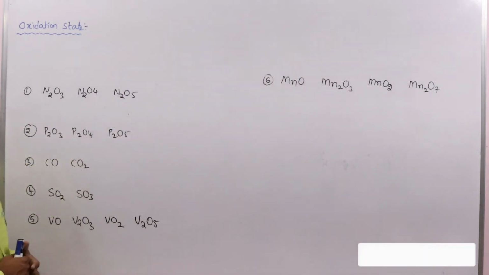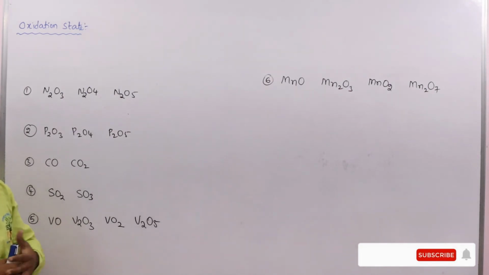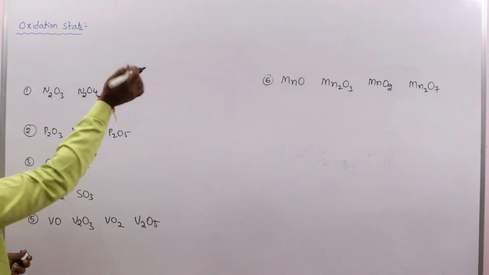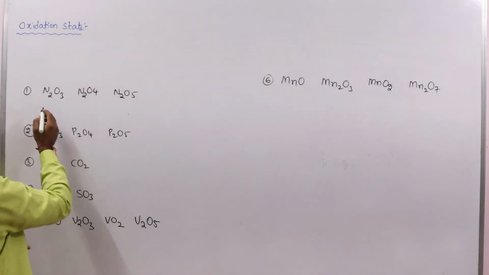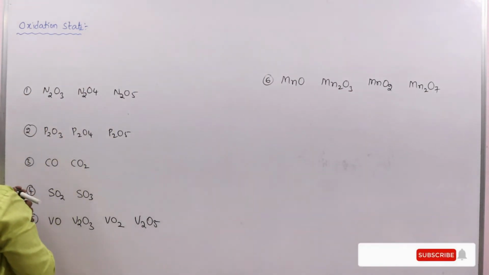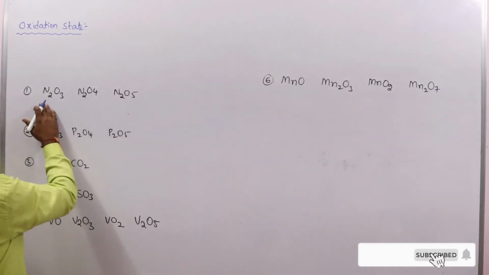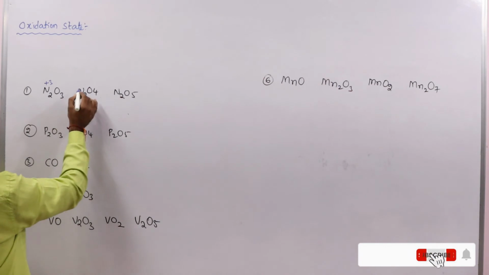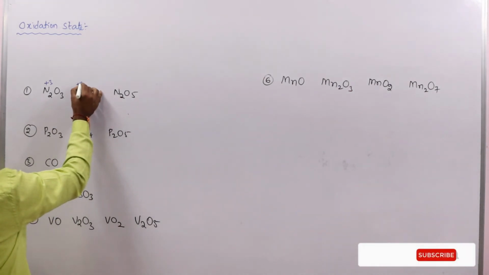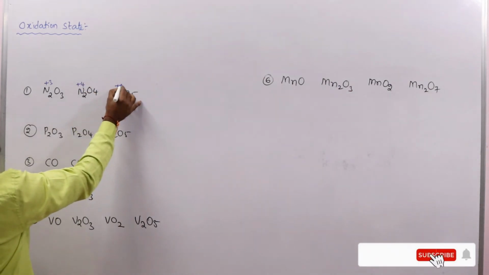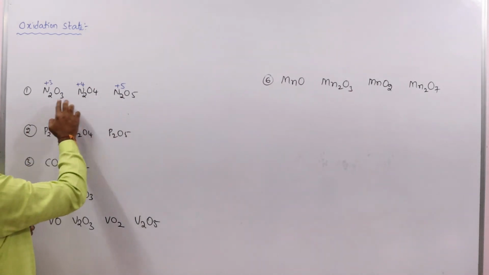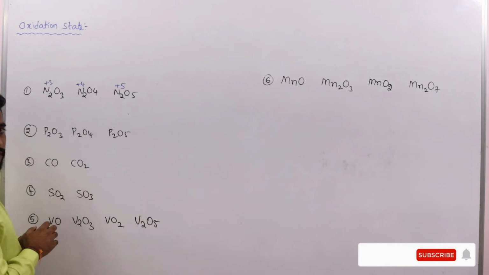In this case, how can we find out acidic nature? That is based on the oxidation state. Here the oxidation state in N2O3 is +3, here +4, here +5. It is the same element with different oxidation states.